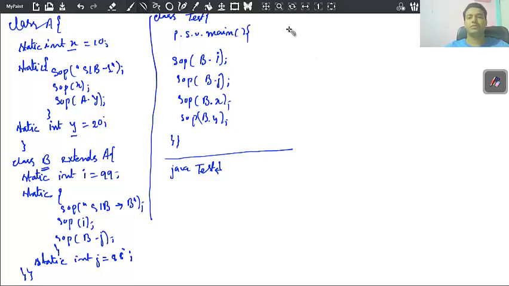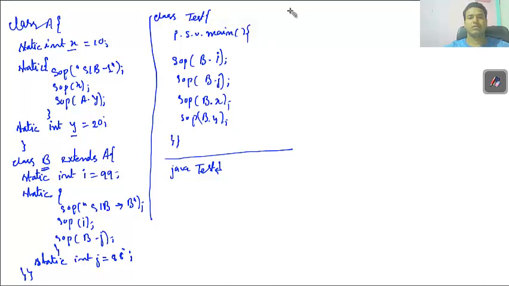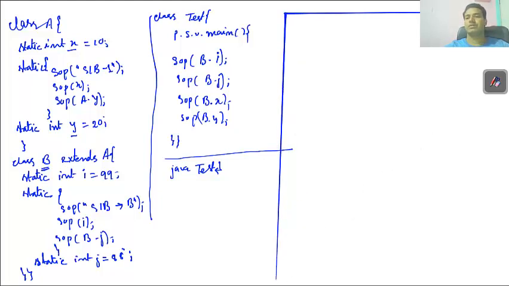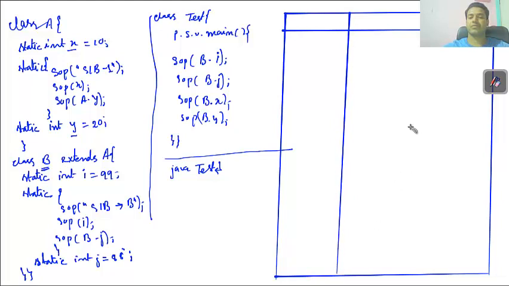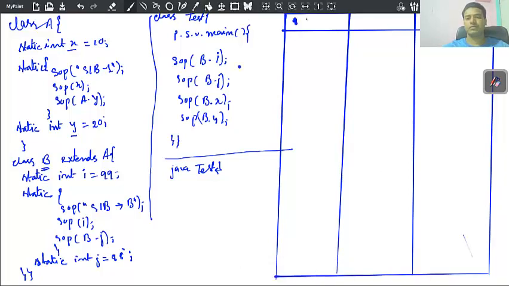At the time of starting, the JVM allocates memory: method area, stack and heap memory.